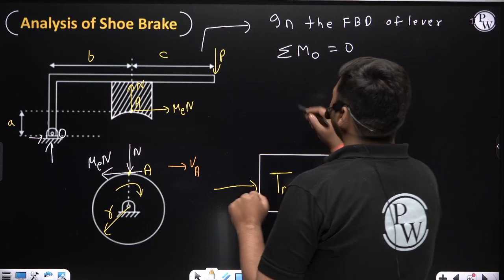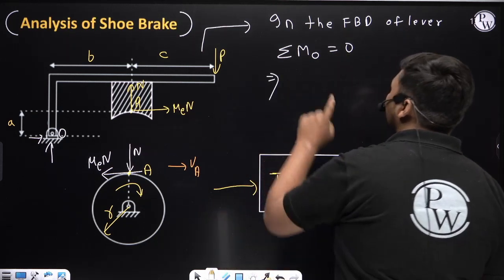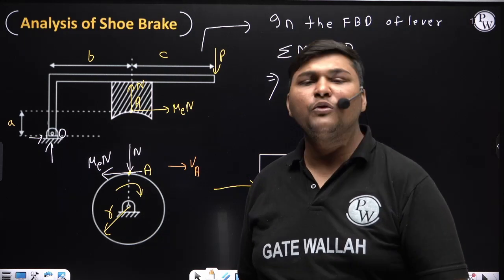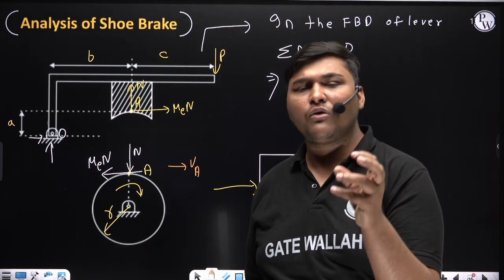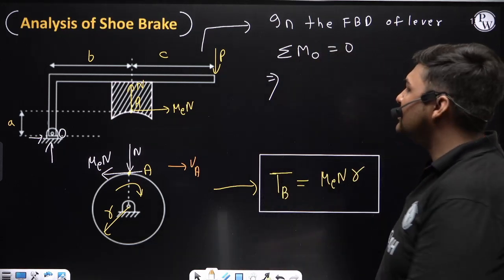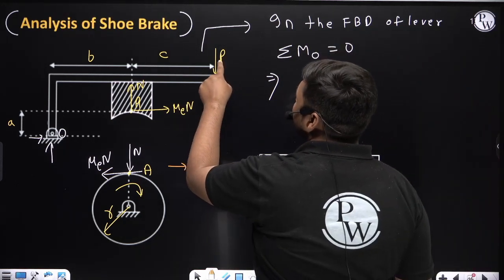Now how will we take it? While writing this equation, suppose I consider clockwise moment as plus and anti-clockwise as minus. If you want to take anti-clockwise as plus and clockwise as minus, you can, but follow any one convention. I am taking clockwise as plus. So what will be the moment of this effort P about O?